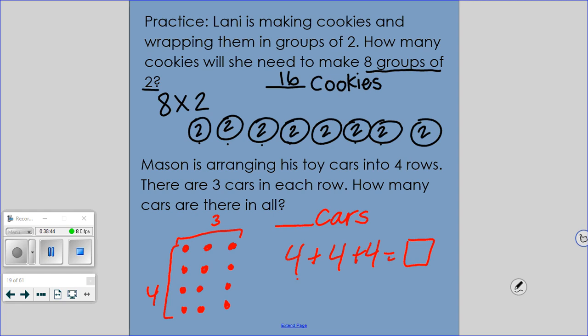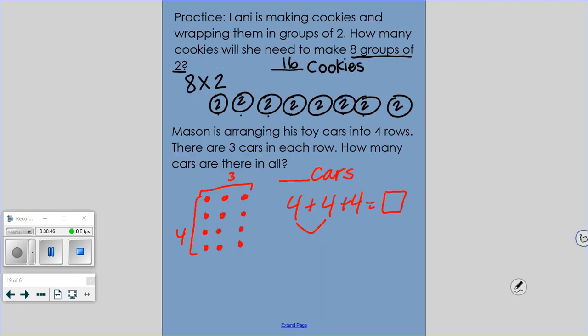All right. 4 plus 4, Billy, is what? 8. And then we can't forget this guy. So we have 8 plus 4 equals... How many cars did Mason have, Kylie? 12. That goes right back at our answer sentence.